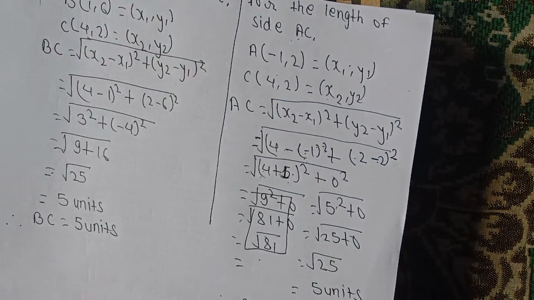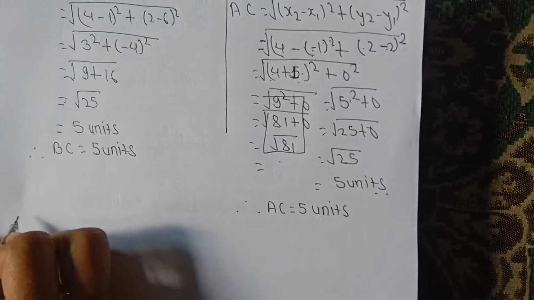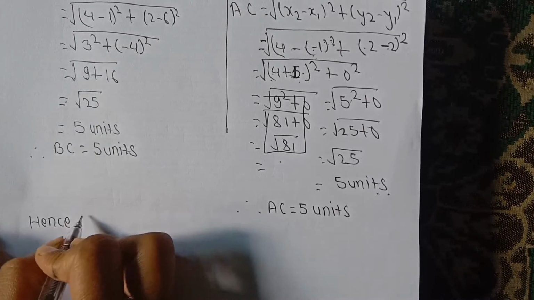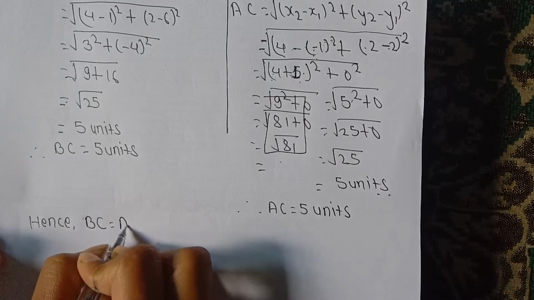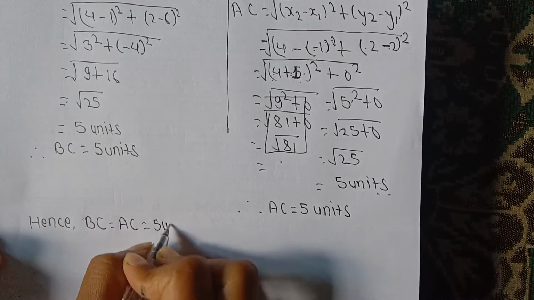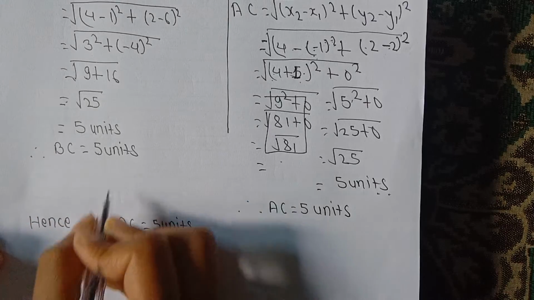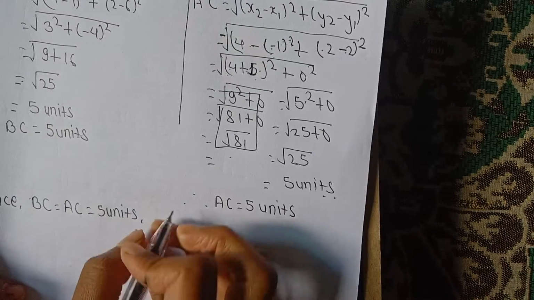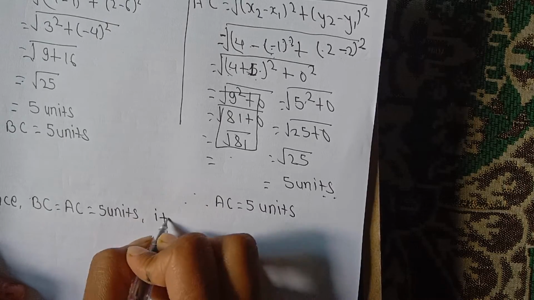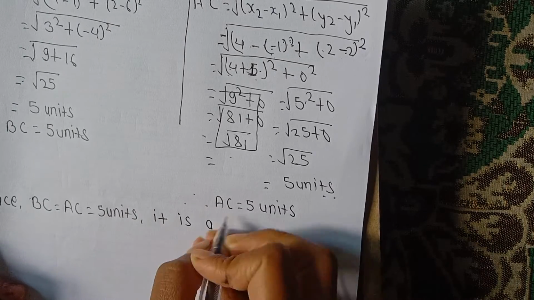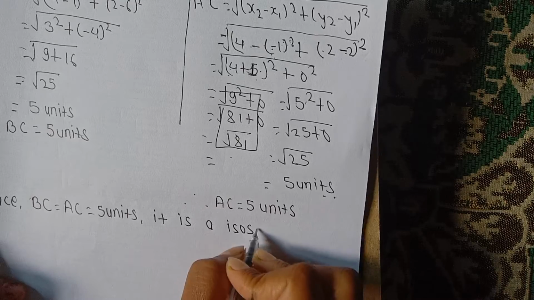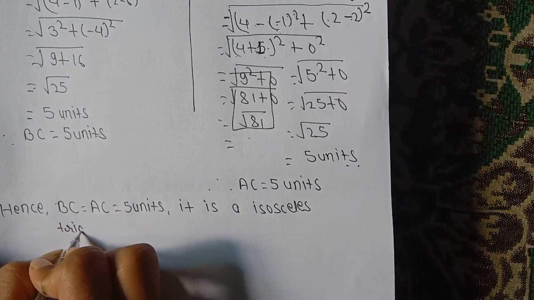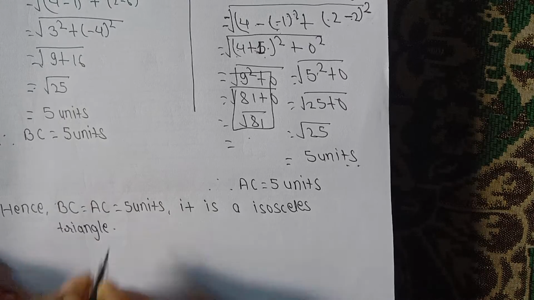That's why in the end we have to write, hence BC equals AC equals 5 units. That means here BC is also 5 units and AC is also 5 units. So it is an isosceles triangle.